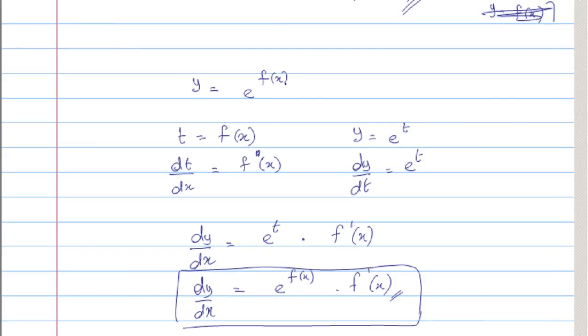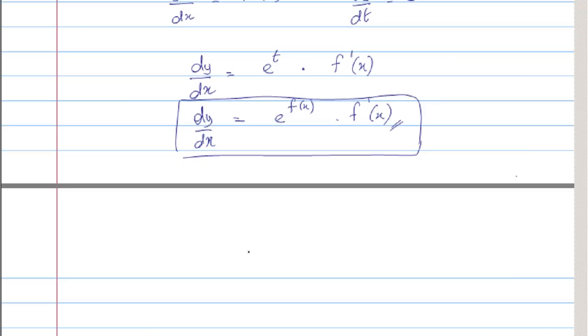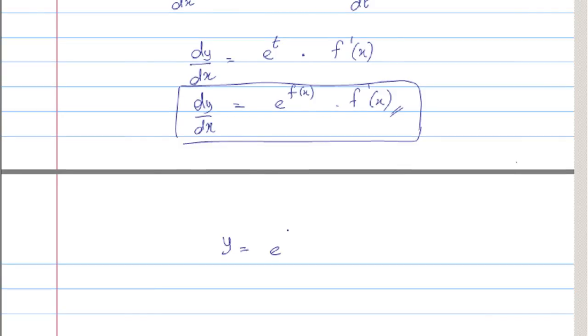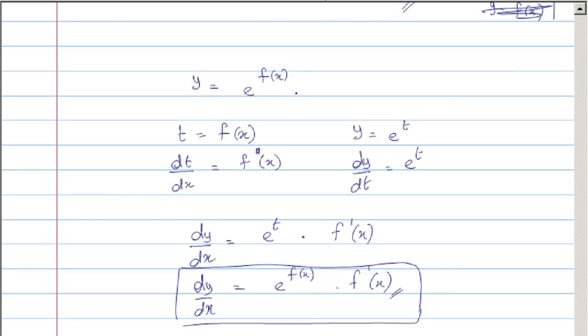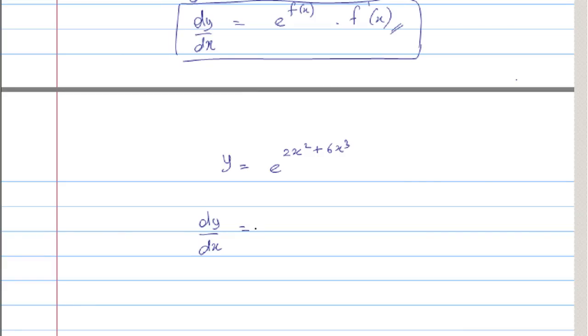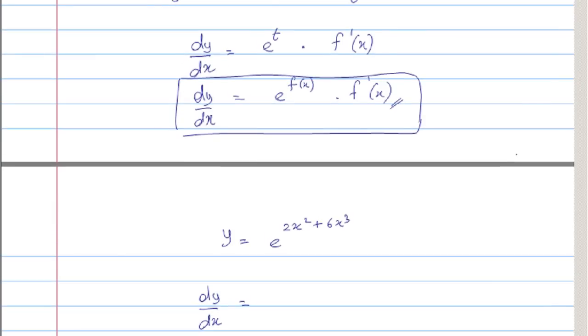So if we try and use this rule, what we just derived, let's say we have the function y equals e to the power 2x squared plus 6x cubed. It says if I have y equals e to the power some function, then write down dy over dx. You can use a t substitution again, but to do it in one step, you can say e to the power of the same function.